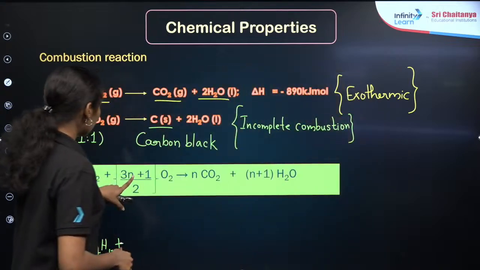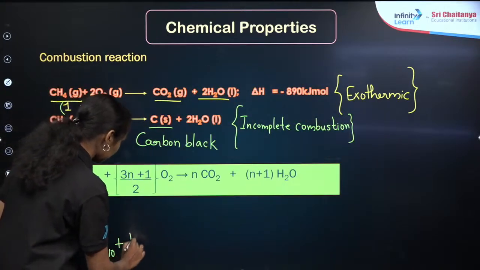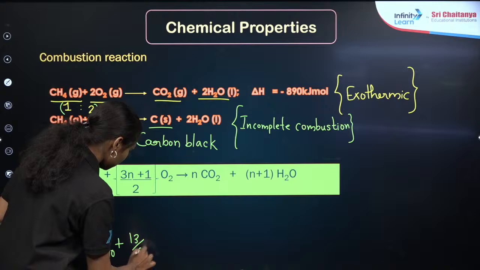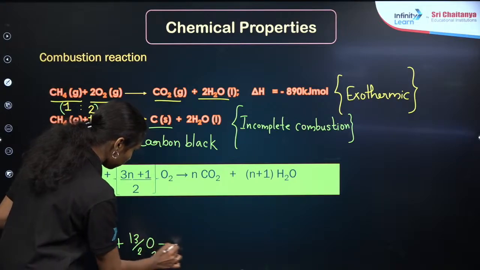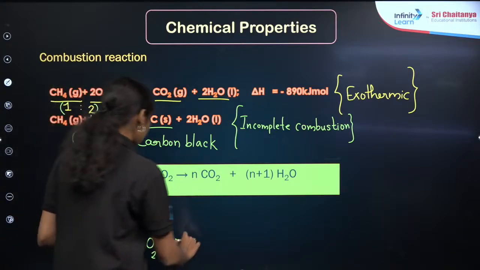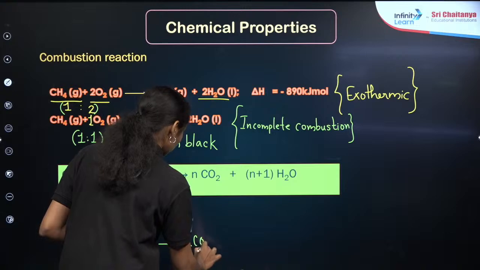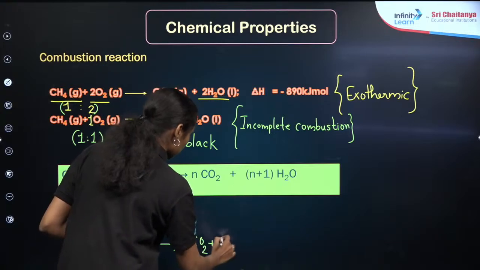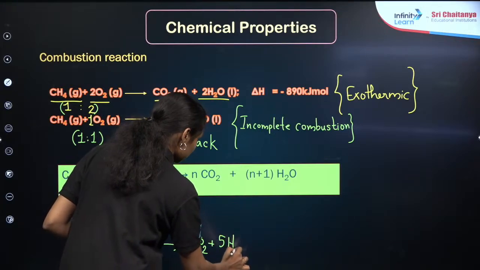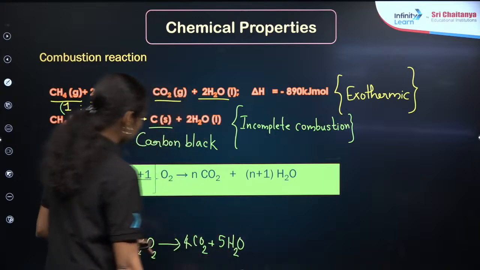So 3 into 4 plus 1 is 13, so 13 by 2 O2 gives n CO2, which means 4 CO2, plus (n+1), that is 5 H2O. This will be our final product with the balanced equation.